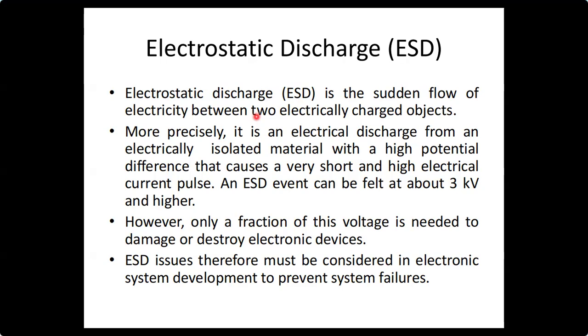Only electrically charged objects will have this electricity flow. More precisely, it is an electrical discharge from an electrically isolated material with a high potential difference that causes very short and high electrical current bursts. Typically it is 3 kilovolts or higher.